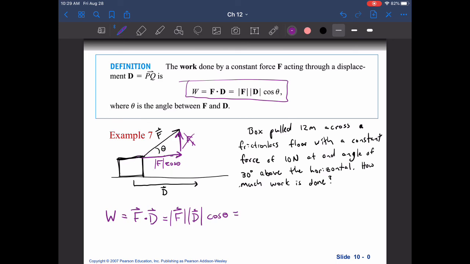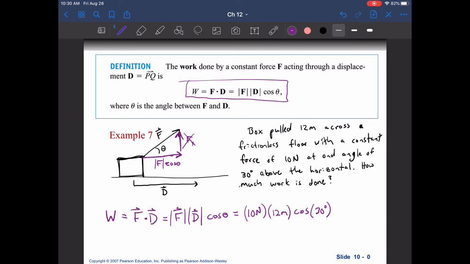And we can just do the magnitude of F, which is 10 newtons, the magnitude of D, which is 12 meters, and then the cosine of 30 degrees. We just multiply those all together, real simple.